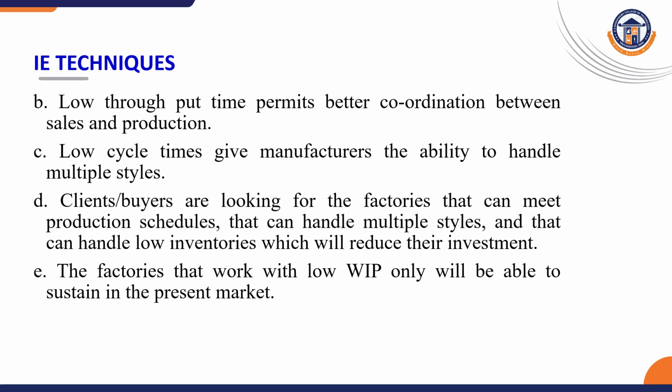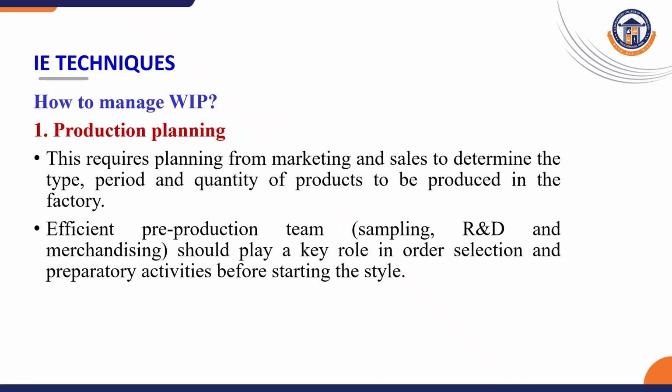Low cycle times allow manufacturers to handle multiple styles, and clients or buyers are looking for factories that can meet production schedules, handle multiple styles, and handle low inventories, which reduce the investment. Factories that work with low work in process will only be able to survive in today's market.